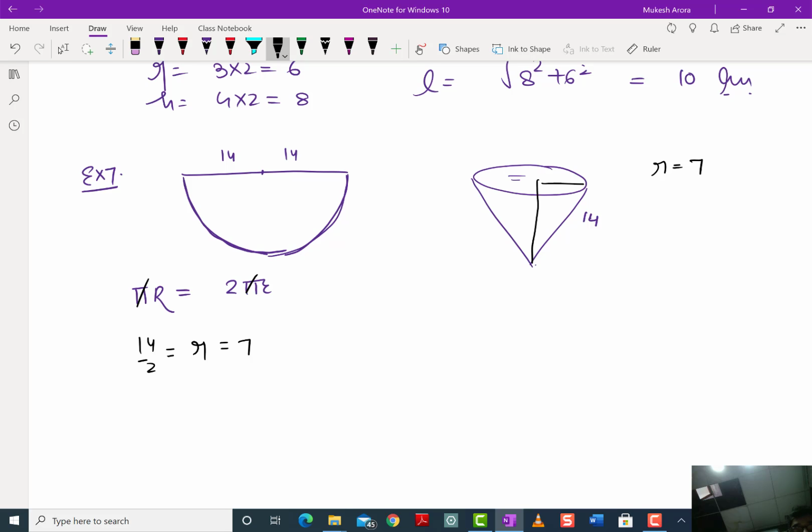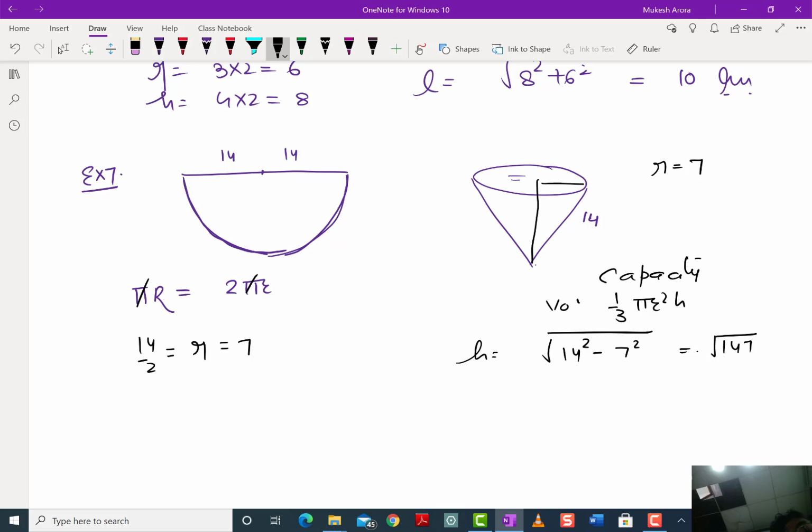We have to find the capacity. Capacity means volume, means 1 upon 3 πr²h. h will be the square root of 14² minus 7². So that will be the square root of 147, which will be equal to 12.12 centimeter.